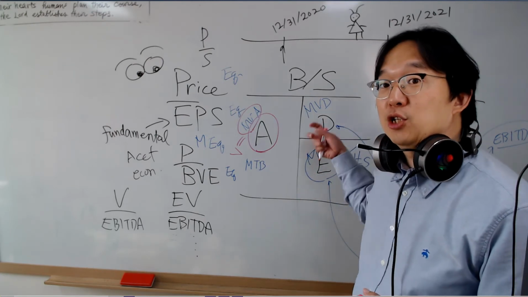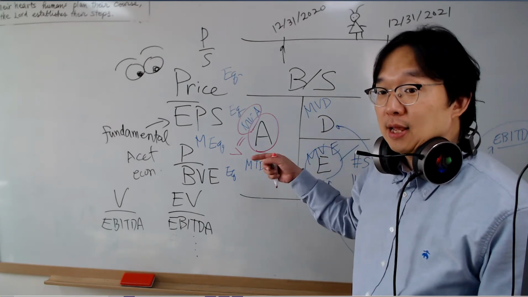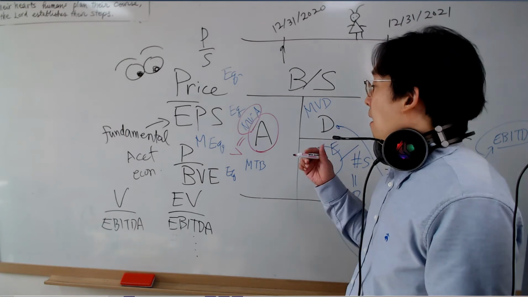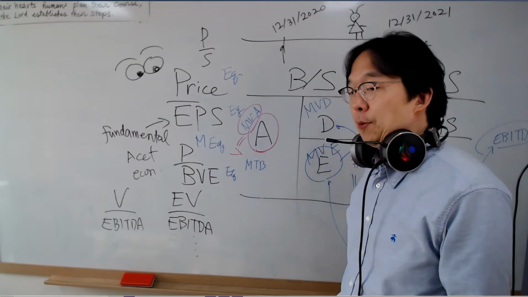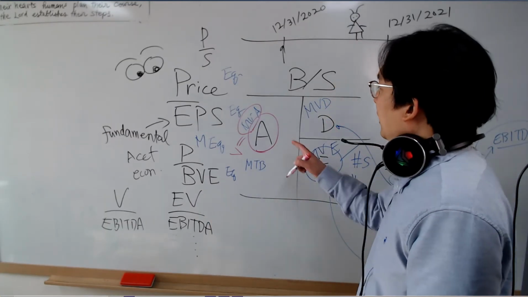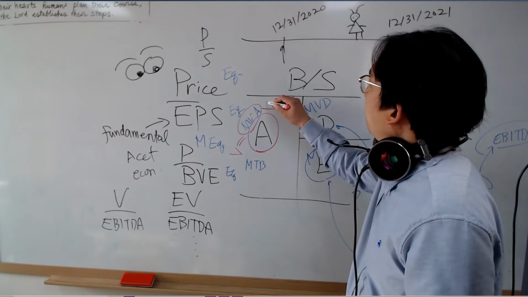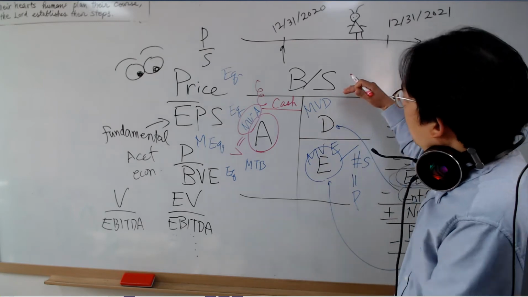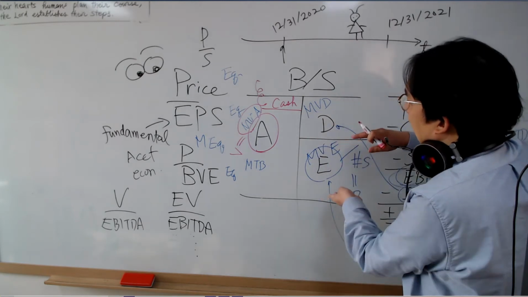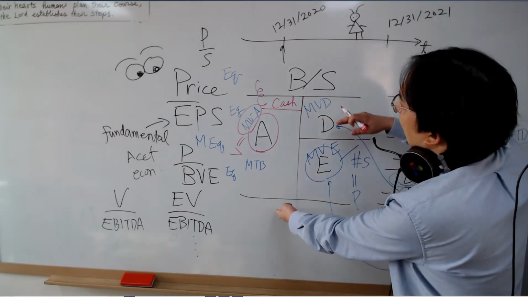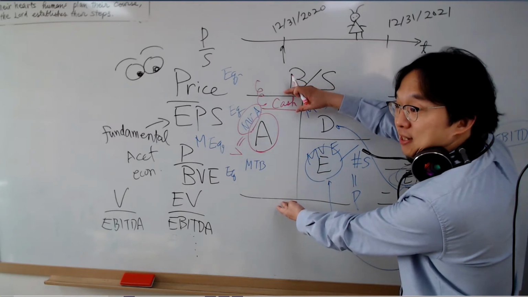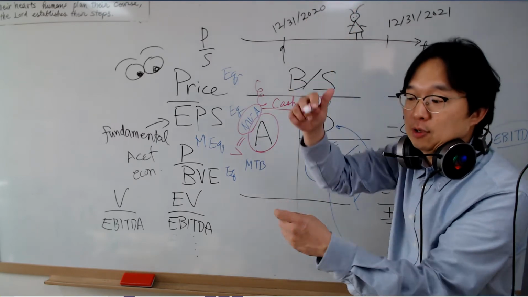The balance sheet identity, right? That's that. Then how about enterprise value? Enterprise value is value minus cash. So market value of debt plus market value of equity, that's this guy, and then subtract the cash out.